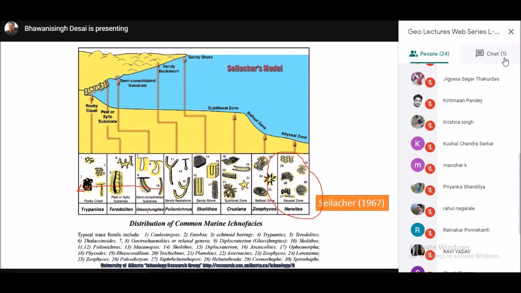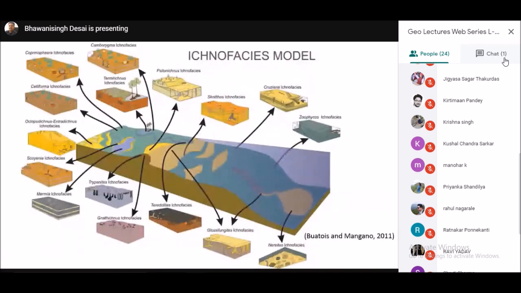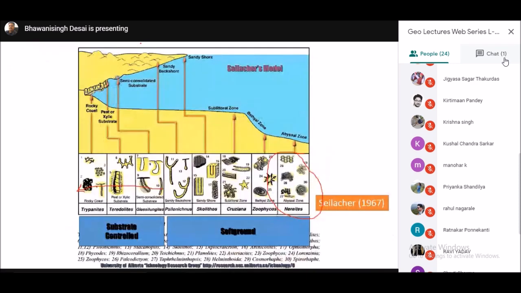Now since then, a lot of research has gone, and now so many ichnofacies are available. Most of the diversification has occurred in the fluvial area. During Seilacher's 1967 time, it was assumed that fluvial or river sediments have very little trace fossils, or there are not many animals there.